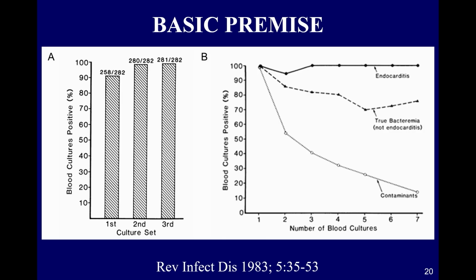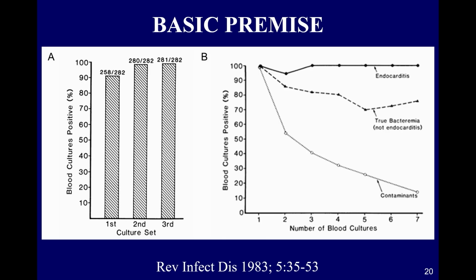Anyhow, so the additional value of having more bottles besides having more volume is the distinguishing between pathogens and contaminants, right? So in conditions of endocarditis, and remember, endocarditis is a continuous bacteremia, right? So we're shedding all the time from that infected heart valve. It would make sense that you have multiple positive blood cultures in endocarditis.